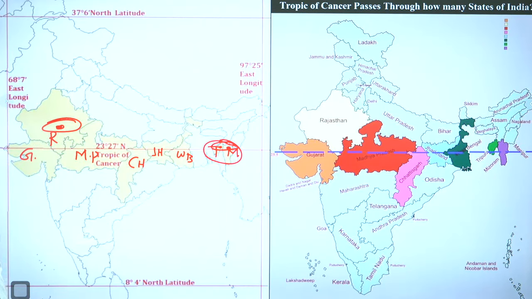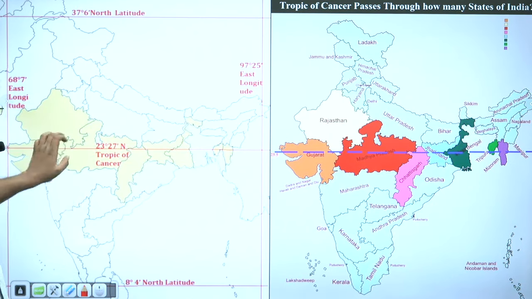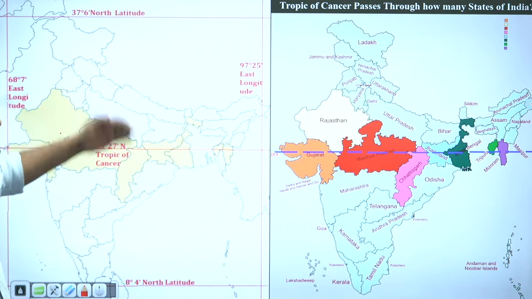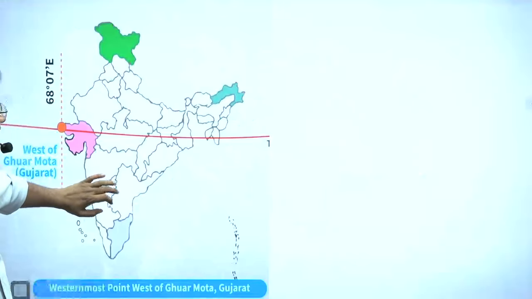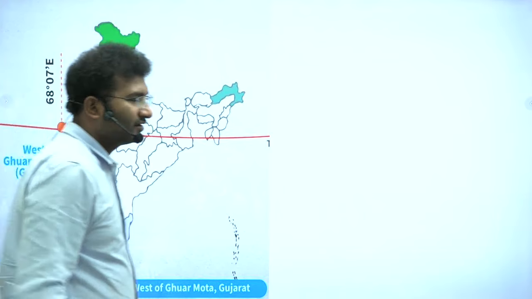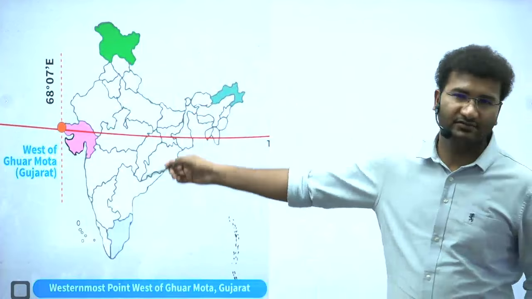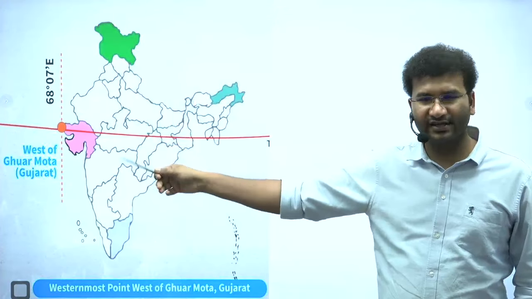Those states through which the Tropic of Cancer passes, except for Tripura, Mizoram and Rajasthan, all the other capital cities are present south of it. Westernmost point is Motera, or Guhar Mota. Guhar Mota and Motera are both the same.